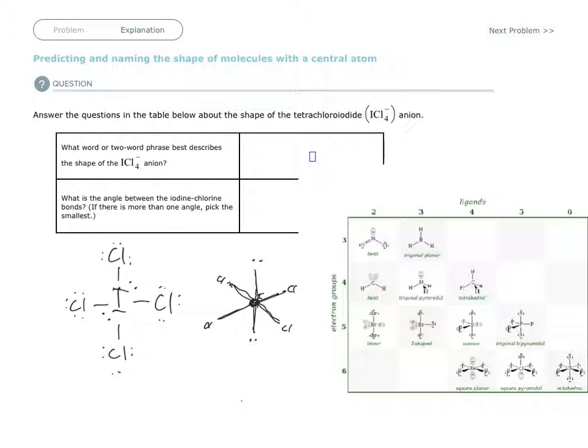If you were to have this same thing with 5, where you have 3 around the middle of the equator and then 1 top and 1 bottom, but 2 of them are lone pairs, then you'll have what's called T. It looks just like a T, where it's 180 degrees on one side and 90 and 90. Okay.